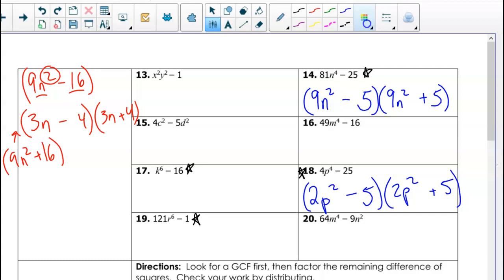For number 17, 16 is a perfect square. I can take the square root of it. 6 is an even power, so I can divide it by 2, leaving me with k to the 3rd and 4.